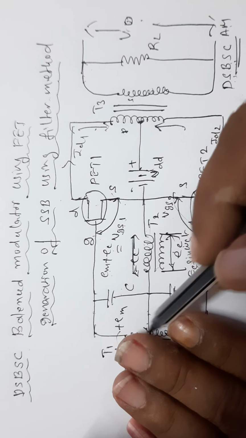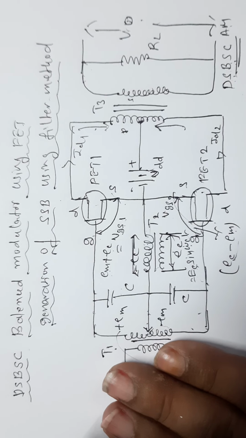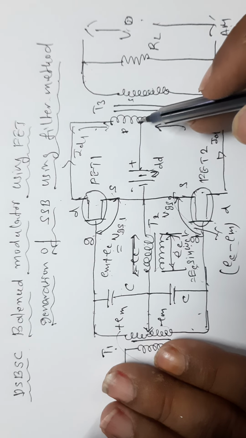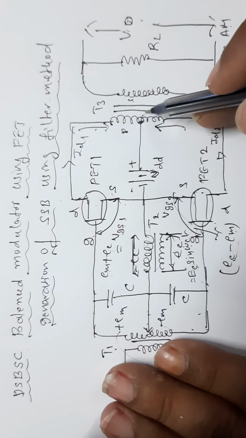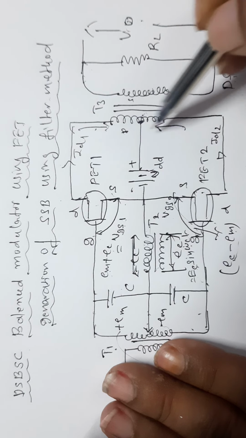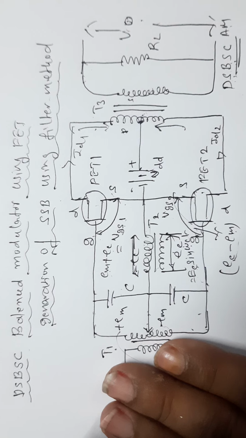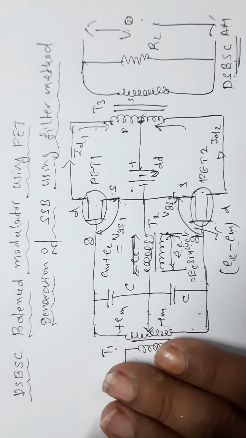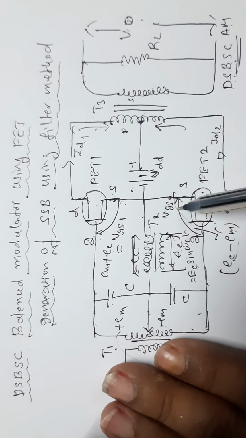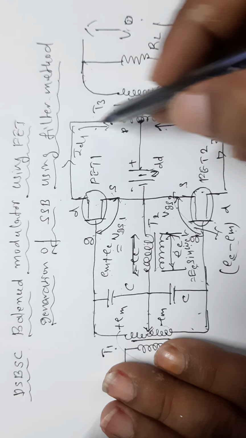Therefore, when there is no modulating voltage, EM equals 0, and there is only the carrier signal EC, the net current at the output transformer, ID, equals ID1 minus ID2, because ID1 and ID2 flow in the same line but in opposite directions. Since the voltage is EC in both, ID1 is equal to ID2, so the net drain current is 0.